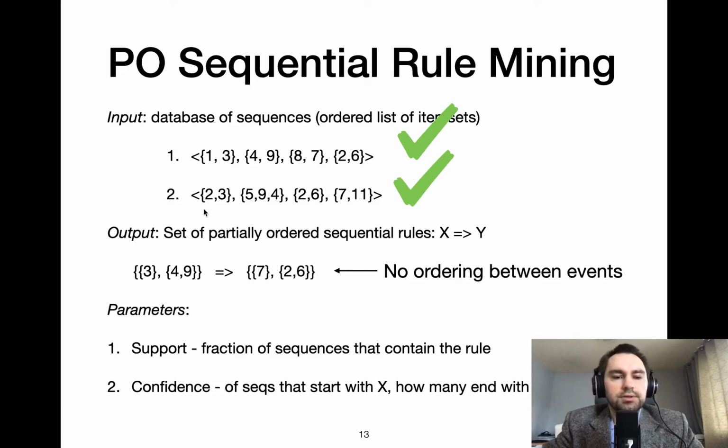Now the second sequence contains this rule as well. 3, 4, 9 or 9, 4 is followed by 2, 6, 7, and the order of these between each other is irrelevant. What is relevant is that all the itemsets within this side of the rule come before all the itemsets within the other side. So we couldn't have 7 happening before 3 and still say that that sequence contains the rule.